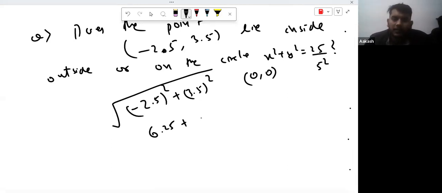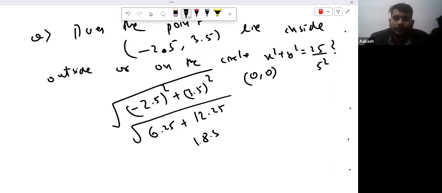So 6.25 and 3.5 square is 12.25. So this is 18.5, which is less than 25, so it lies inside the circle. Clear? This type of question we can do.